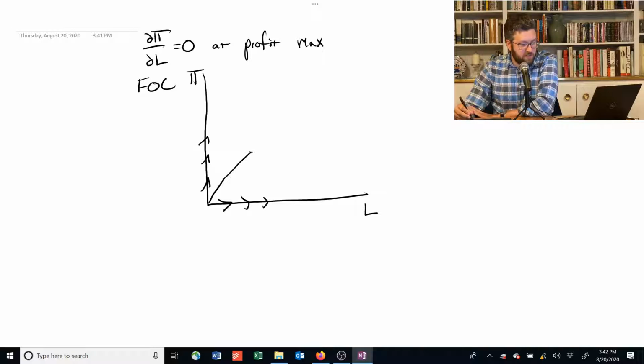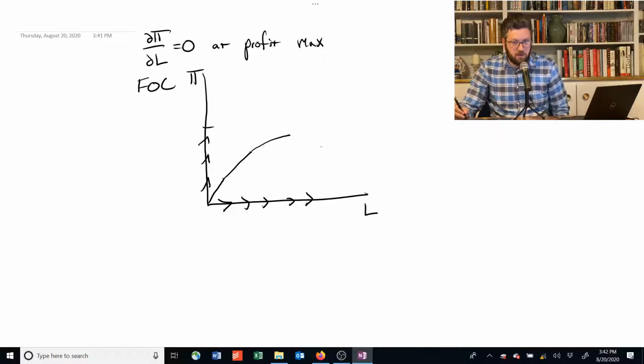But eventually you get to some point where a further increase in labor no longer leads to an increase in profit, okay? And now, if the first order condition is turned negative, we're in a situation where if you increase labor some more, profit actually starts to fall, okay?